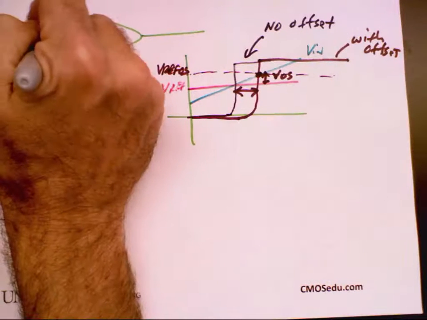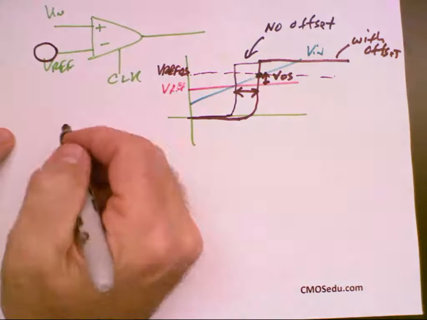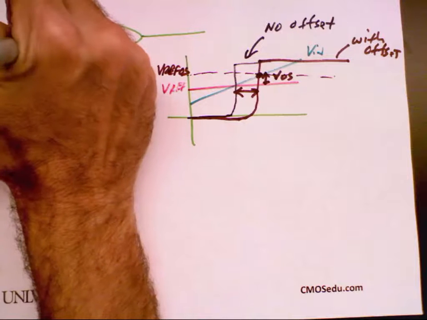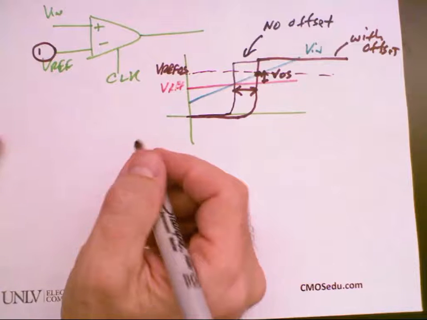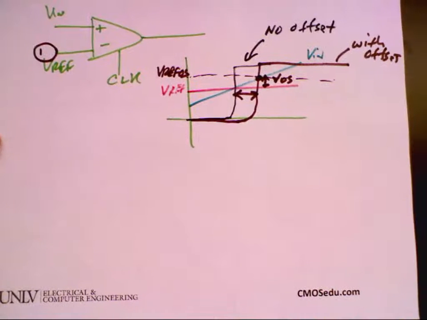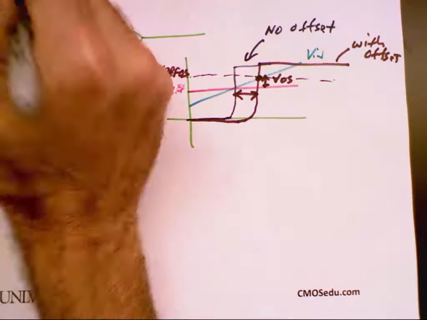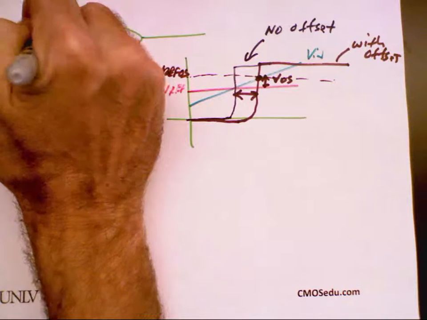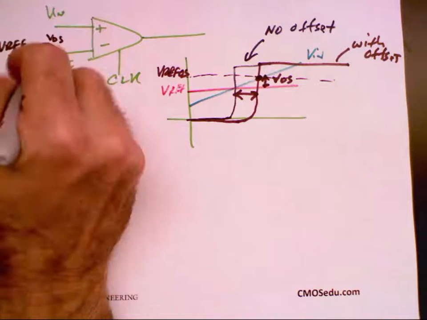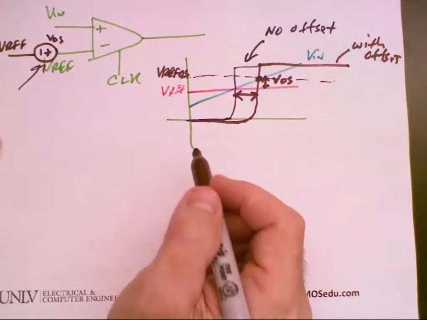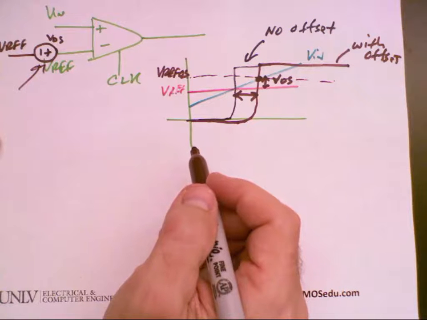Yeah, so I add the offset like this, correct? Offset can be positive or negative unless it's something that's designed into the circuit. So let's write it like this, and I model it as an offset right here. Does everybody agree with that?